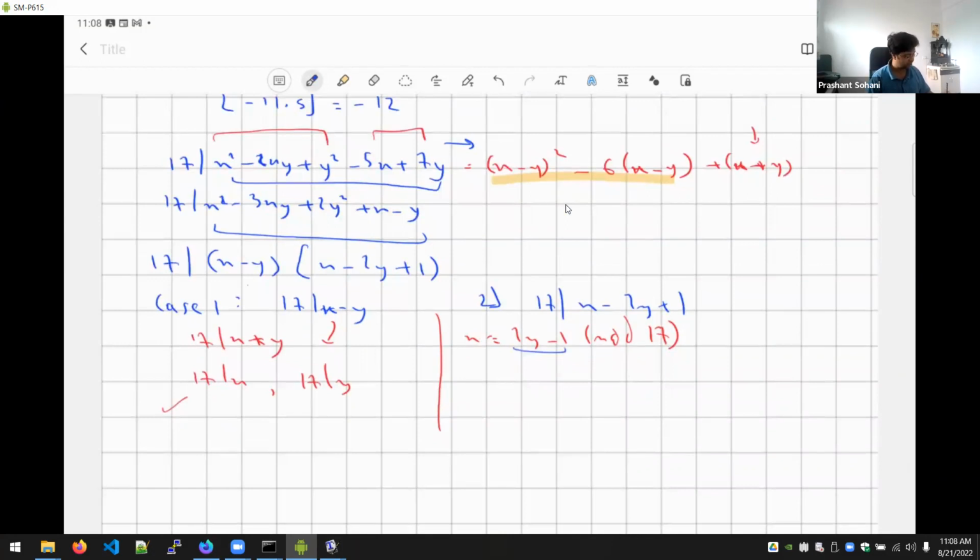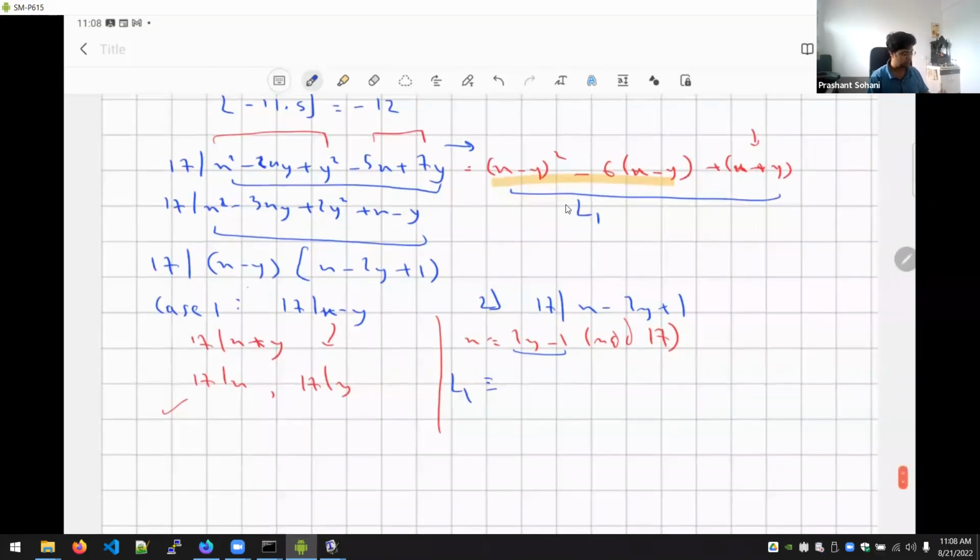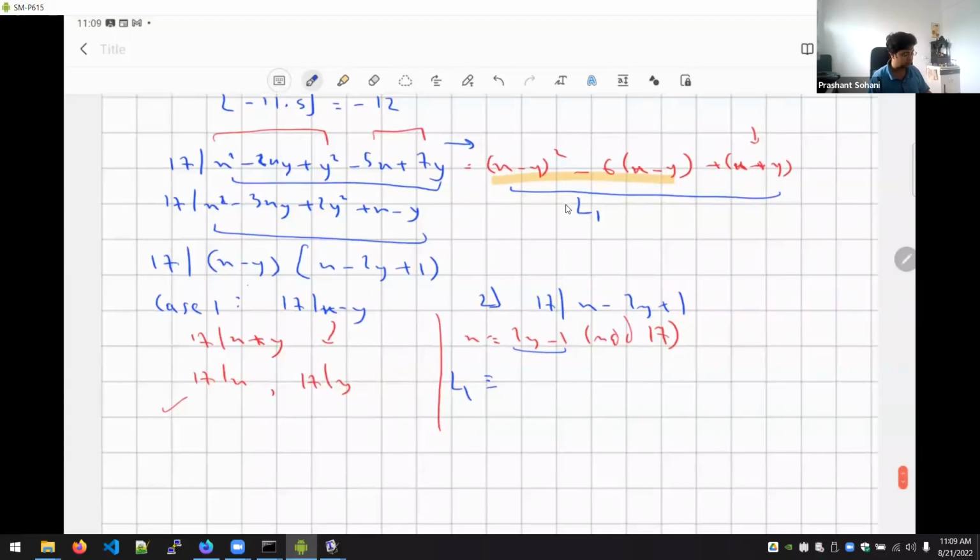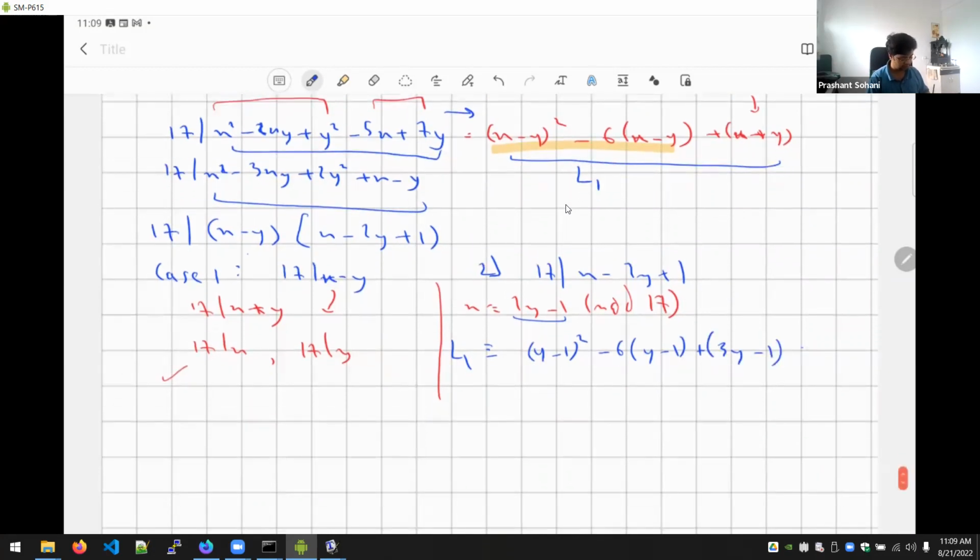Okay, so if I call this expression L1, then L1 will be congruent to... Important, now it is congruence, not equality. So instead of x minus y square, I can write (2y minus 1 minus y) square. So it will be basically (y minus 1) square minus 6 times (y minus 1) plus 3y minus 1, modulo 17.